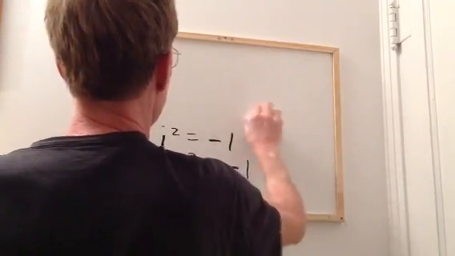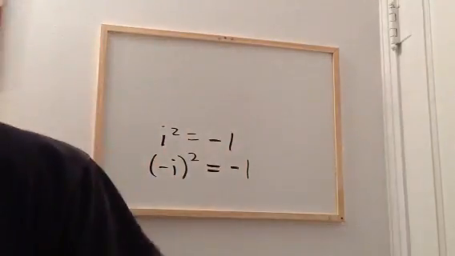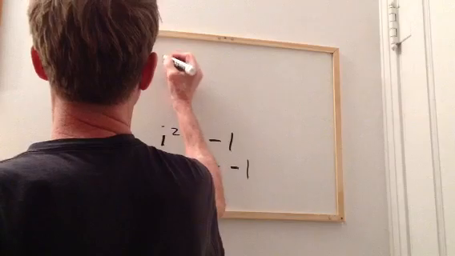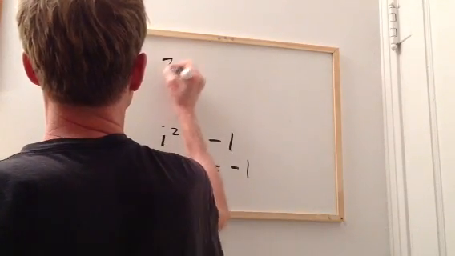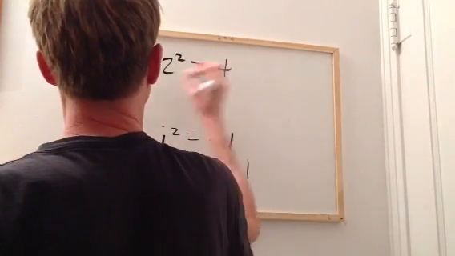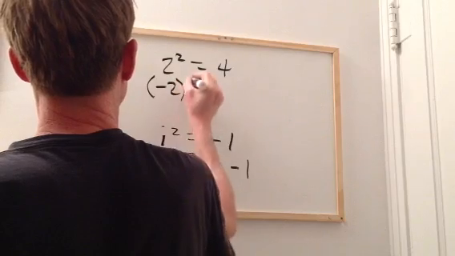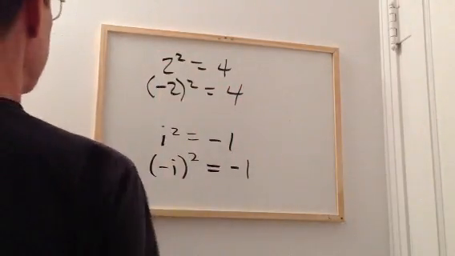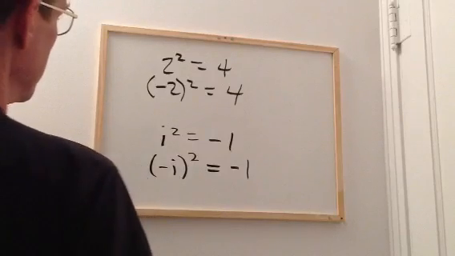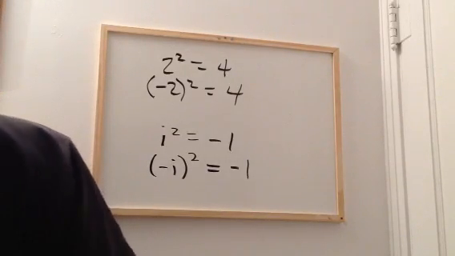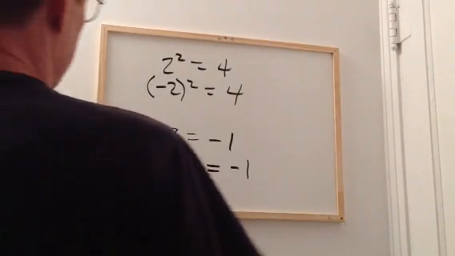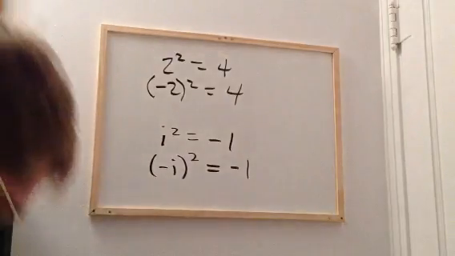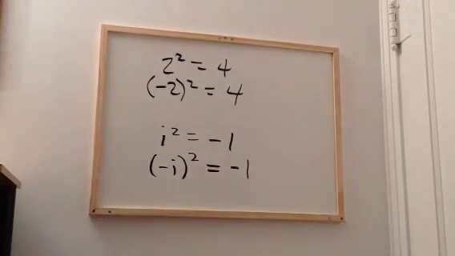But of course that's not really that strange, because after all, 2 squared equals 4, and minus 2 squared equals 4. We don't think that's strange. We shouldn't think this is strange either. Well, we know it's not strange now because it's true.